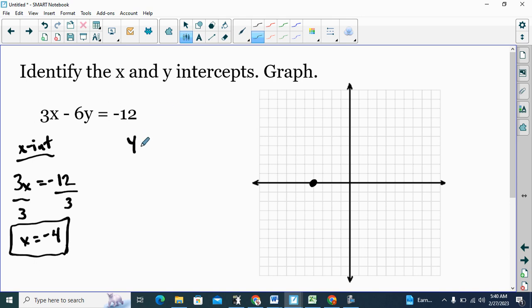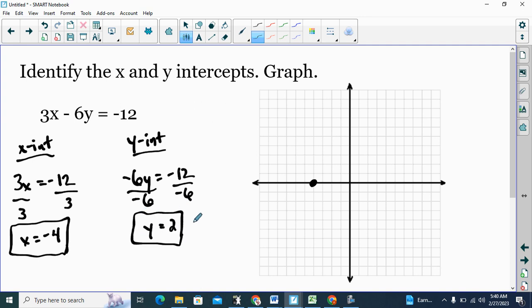We do the same thing to find the y-intercept, except we put in 0 for the x. If I put in 0 for x, I get negative 6y equals negative 12. Divide both sides by negative 6, and we have a y-intercept of 2.